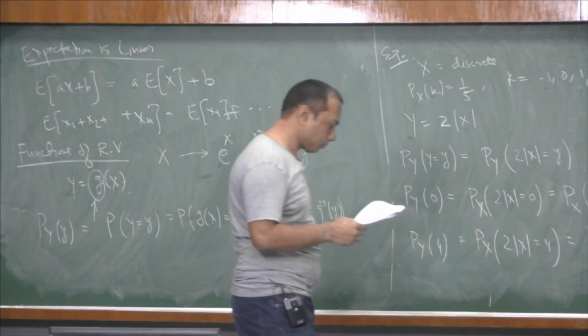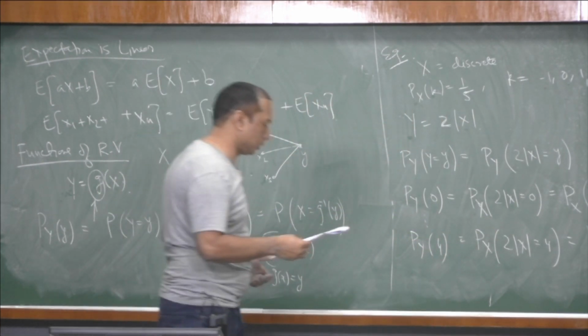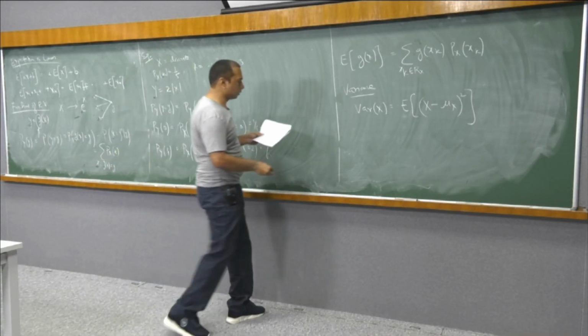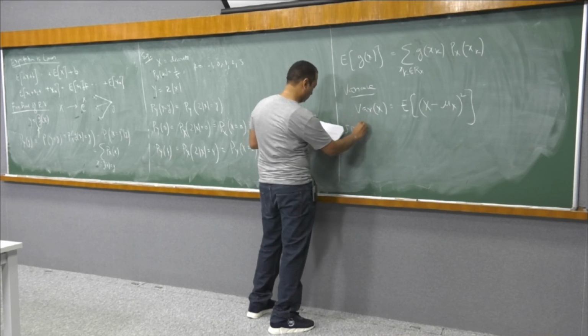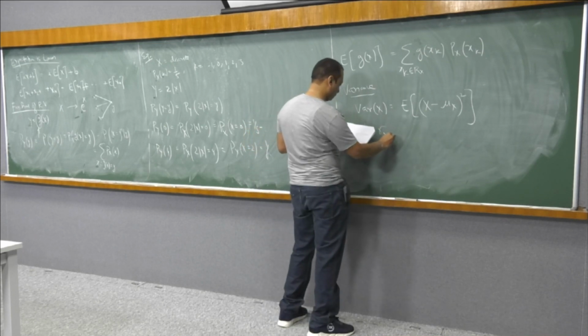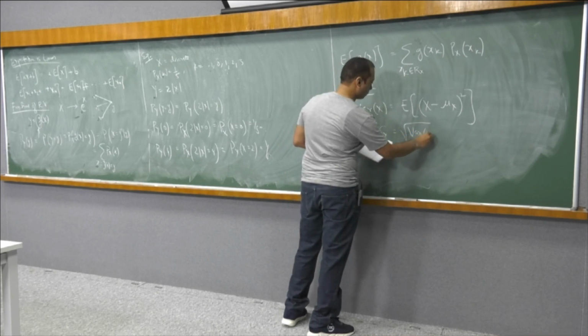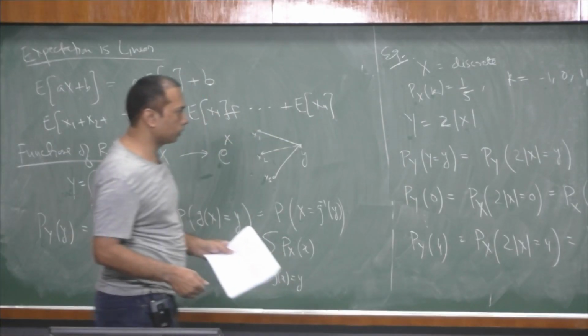I don't necessarily have to just memorize this, and we will learn more about these things as we go. Then there is something called standard deviation, which is defined as the square root of the variance of X. Variance of X won't be negative, so the square root is justified.